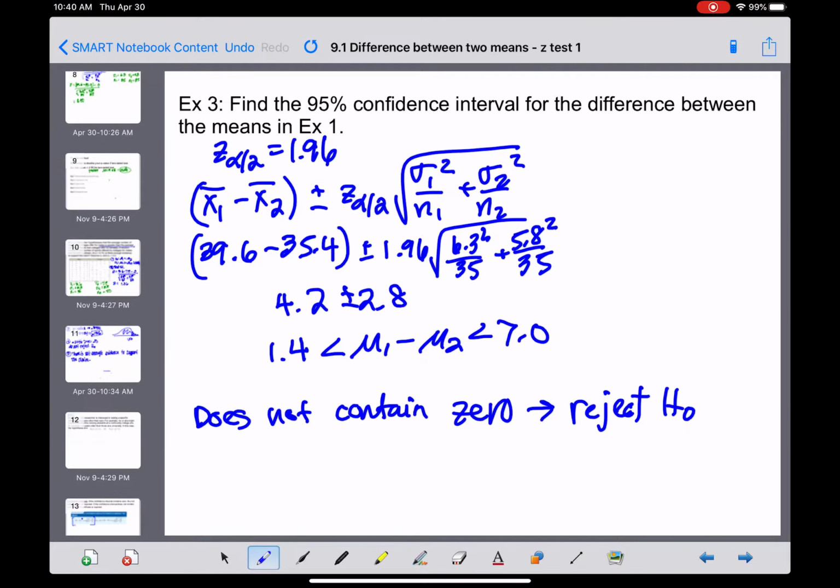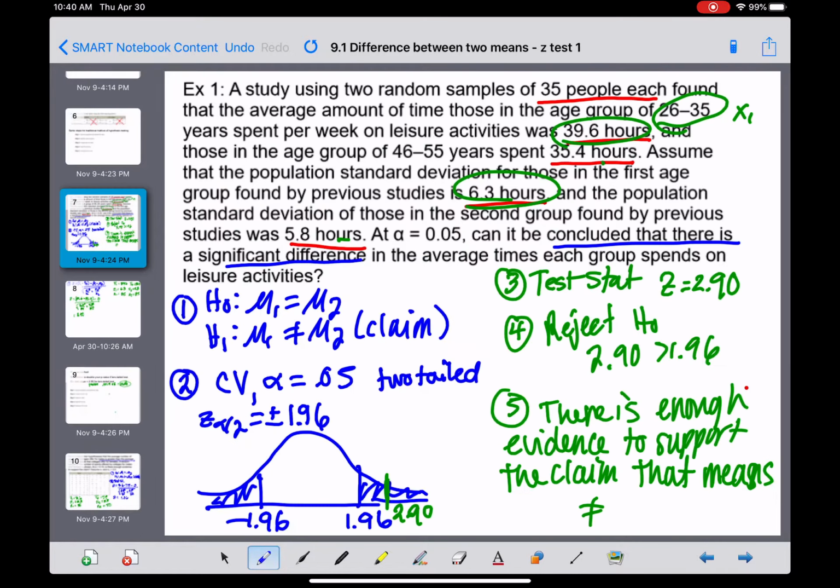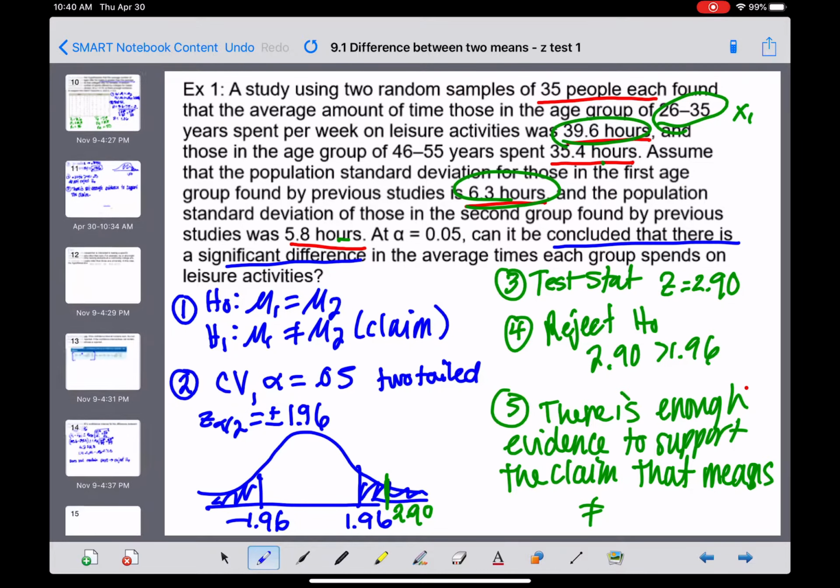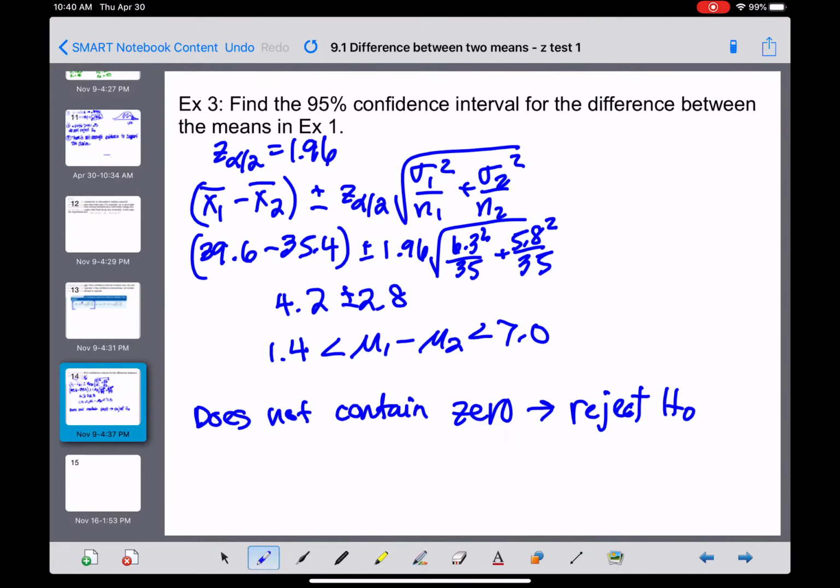If we went back up to our first example, we did reject H naught, so we're finding the same thing there. Okay, so that is it for 9.1. Let me know if you have any questions.